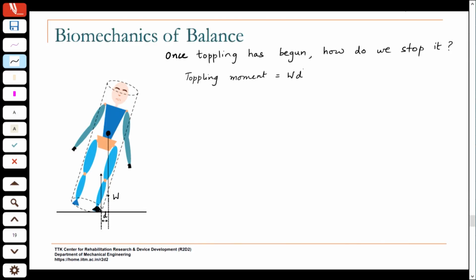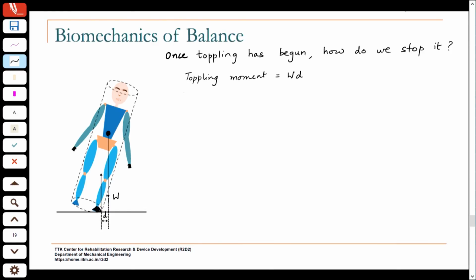The problem is d will keep increasing as you are falling, okay, d keeps increasing once there is a disturbance that causes you to fall. So, this toppling moment, when you have a moment, essentially its job is to increase the angular momentum of the system.